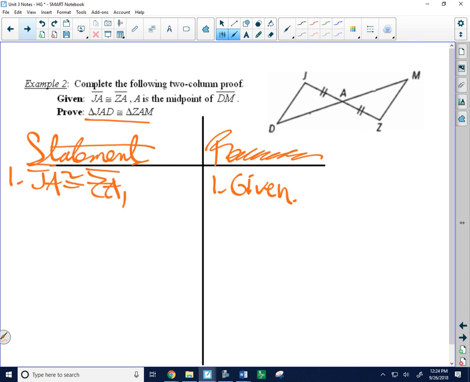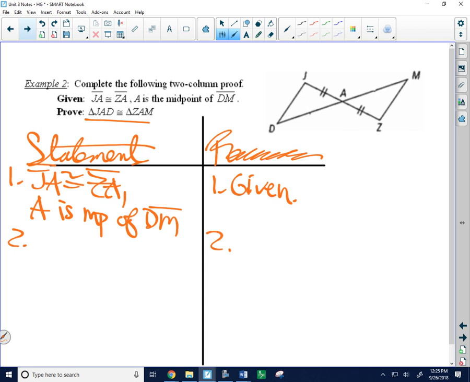So we have JA congruent to ZA, and A is the midpoint of segment DM. It's marked on the diagram, as much as we know. And we're going to show the triangles are congruent.